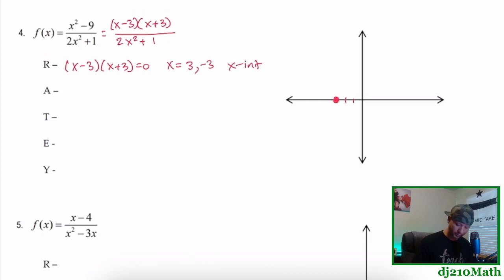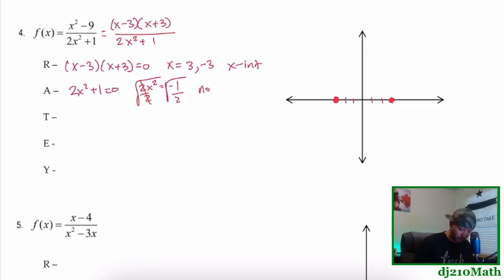So it's going to cross at 3 and -3. All right, looking for the vertical asymptote, setting the bottom equal to 0, we're going to get, when you take a square root of a negative number, this is not a real number.